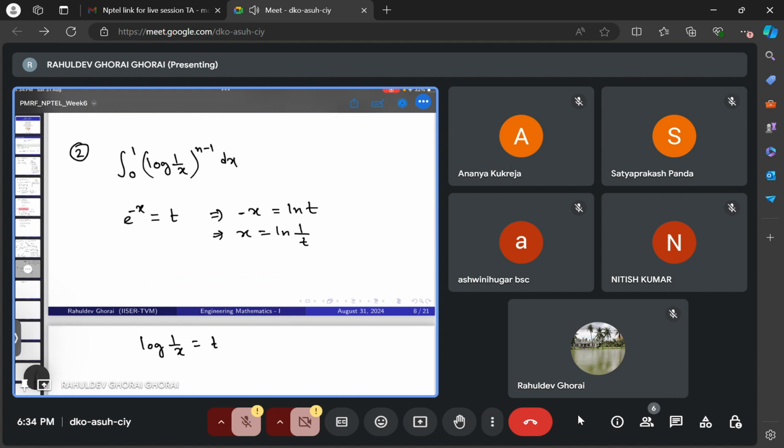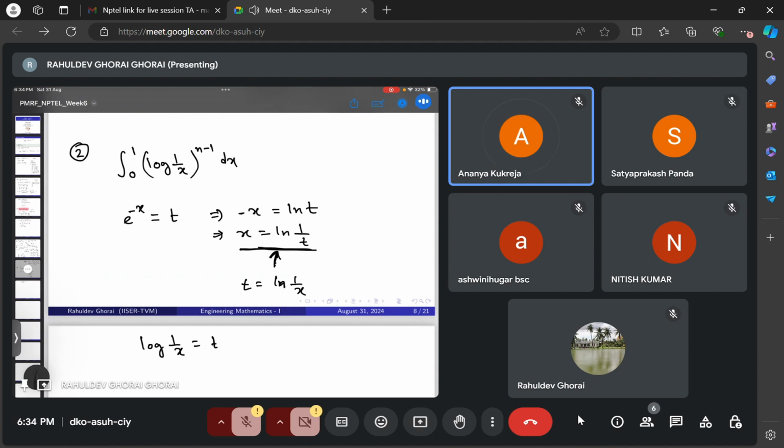So what you wrote, the integral from 0 to 1 of log 1 by x to the power n minus 1 dx. Now you are changing x equal to ln 1 by t, you understand what you are doing. So instead, I am telling you to make it t equal to ln 1 by x. That will be better for your understanding, right? Otherwise you may make a mistake there.